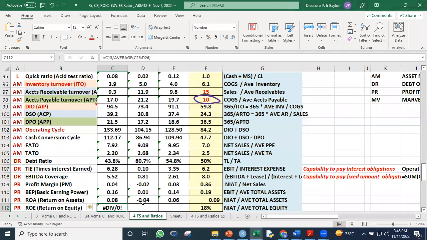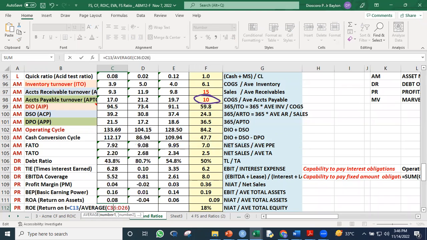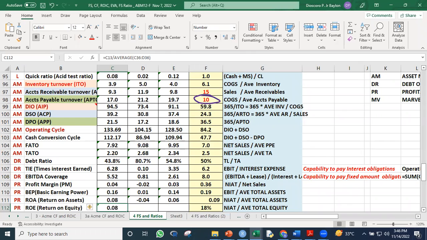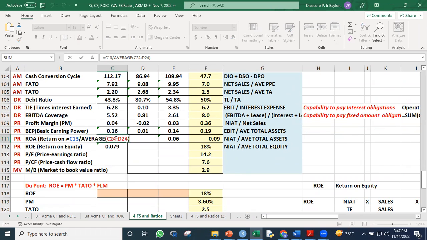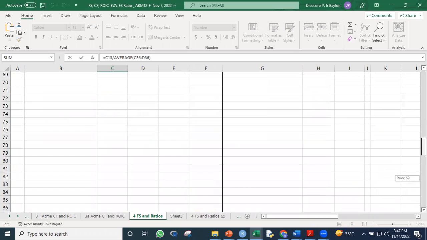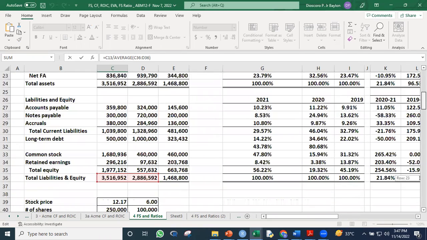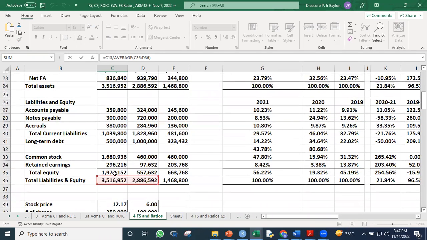Dapat 36. Sorry, 26 yung na-type ko. Okay, mali yan. Dapat 24. I think I got the wrong number. Dapat total equity should be 35.